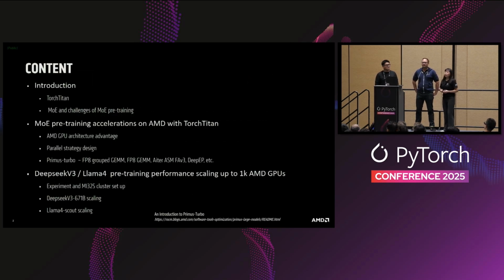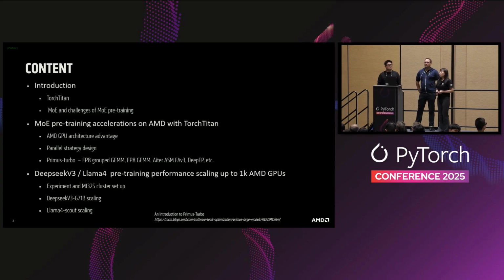So here is our outline of today's talk. Matthias will first introduce TorchTitan and also recap the concept of MoE models and the challenge of pre-training MoE models. Then I will dive into how we are going to accelerate MoE model training on AMD GPUs with TorchTitan.